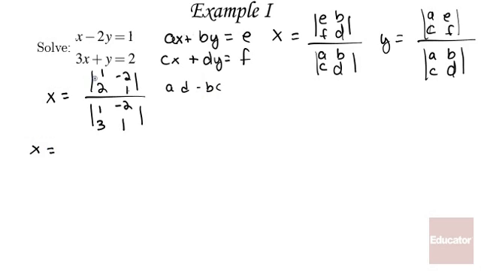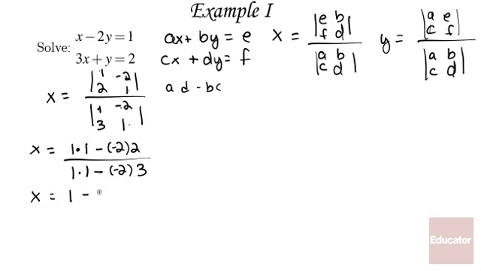Therefore, x equals 1 times 1 minus -2 times 2 over 1 times 1 minus -2 times 3. Therefore, x equals 1 minus -2 times 2 is -4 over 1 minus -2 times 3 is -6.